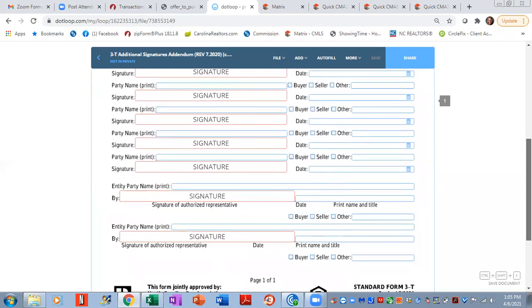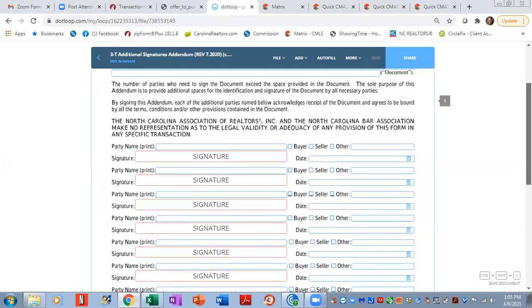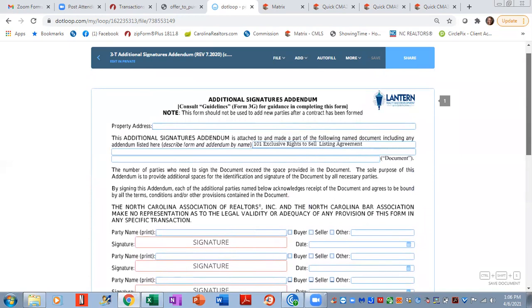Anybody that is listed as an heir in the will would need to sign this. Then the attorney would reach out to them, and actually, if they're married, their spouse would also have to sign an additional form.